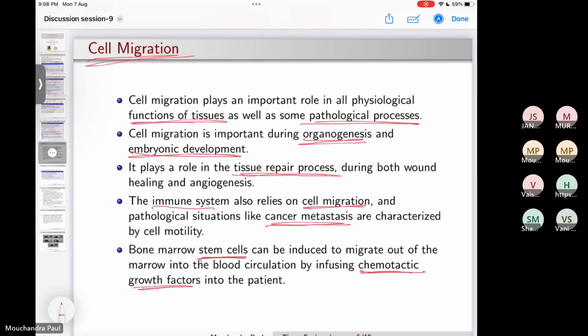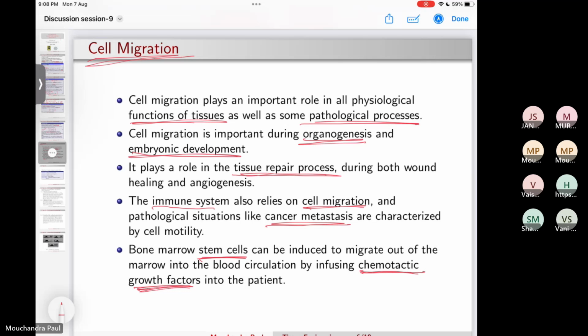We will talk more about growth factors in the next chapter, but I think you are able to understand what I'm talking about here. When the patient is infused with these kinds of growth factors, people have seen that they are able to induce the migration of stem cells from the bone marrow, and they come out and start circulating in the blood circulation.